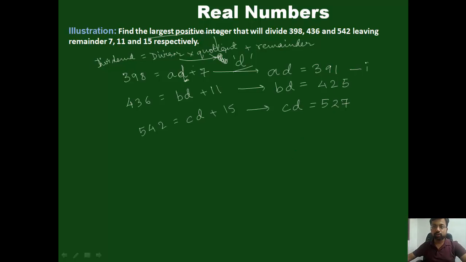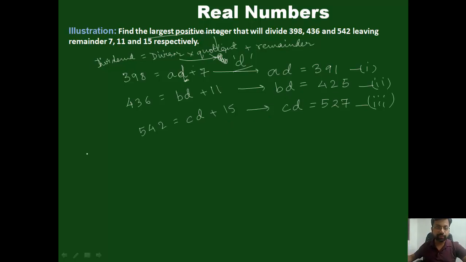So these are the three equations I am going to work on. What am I going to do next? We have to find the value of d. We don't know what a, b, and c are. Now let's use the knowledge that we have gained so far to solve this problem.